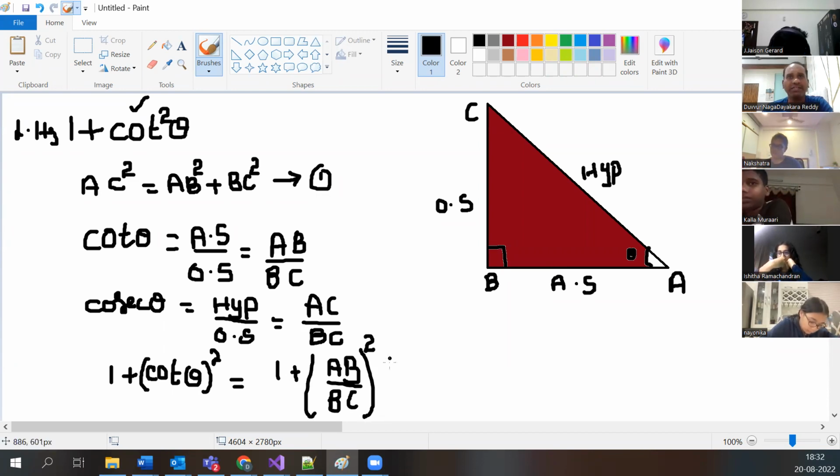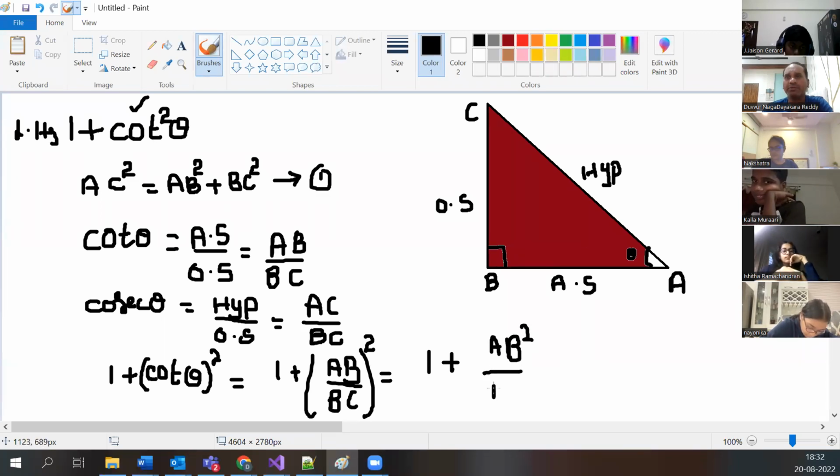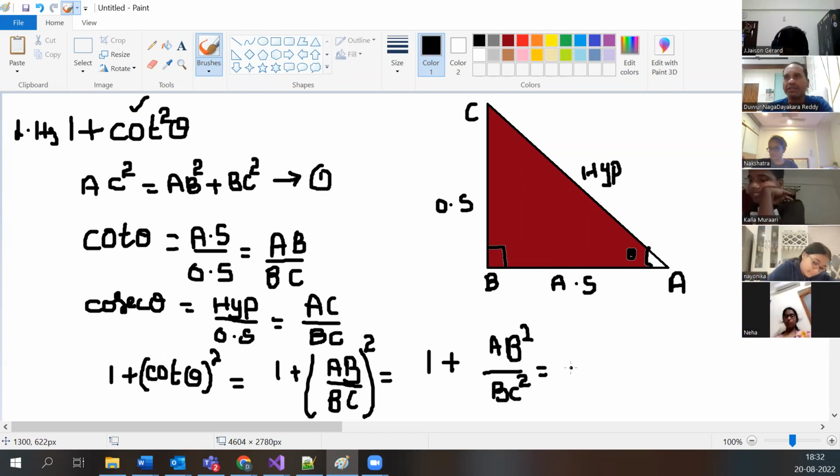So again, you will expand this, right? You will distribute the square to both numerator as well as denominator. So that will become AB square by BC square. Now again, how do we add the fractions? We need to take the LCM, that is BC square.